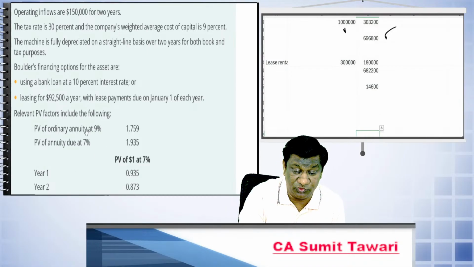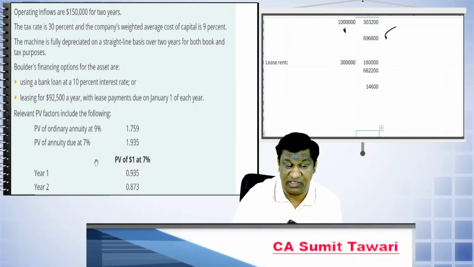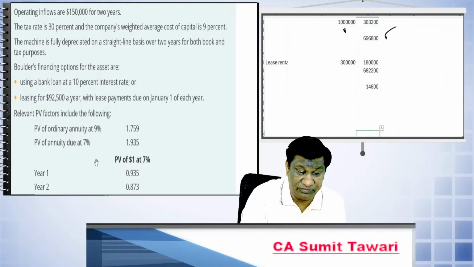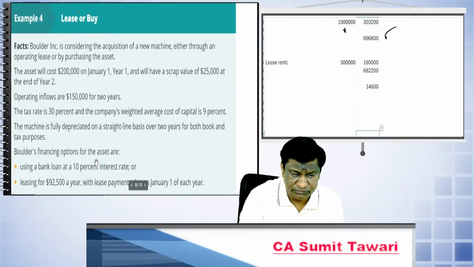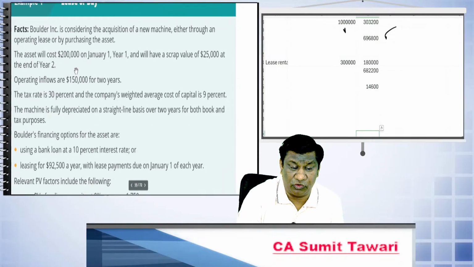So we need to use the 7% here. Operating inflow: the asset will cost 200,000 and scrap value is 25,000 at the end of year 2. Operating inflows are the same for both situations, so we need to ignore this information.